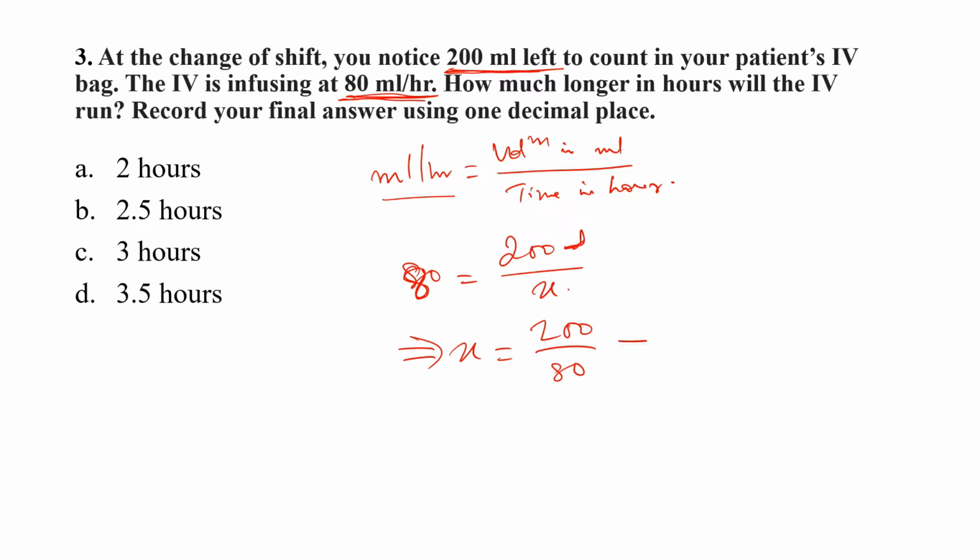So 200 divided by 80, we will get 2.5 hours. So the correct option here is option B, that is 2.5 hours to complete this 200 ml of IV fluids at the rate of 80 ml per hour.